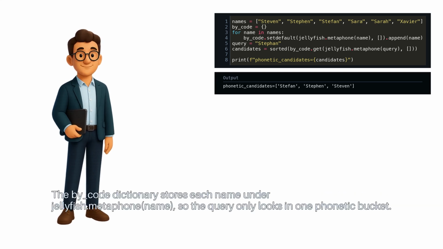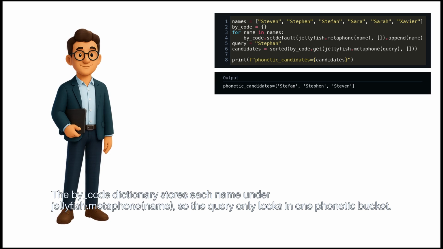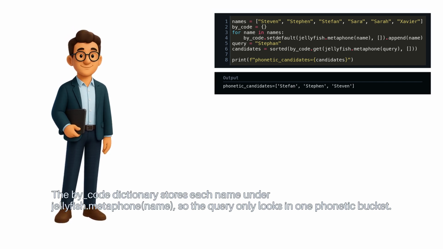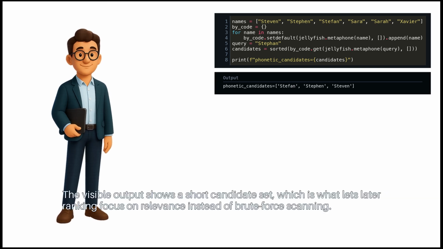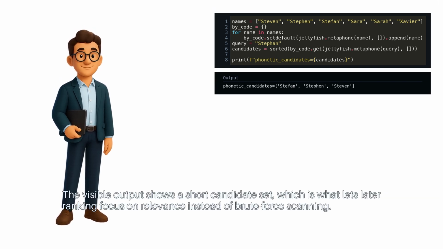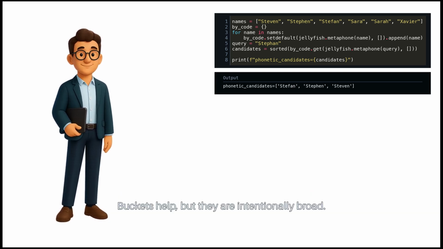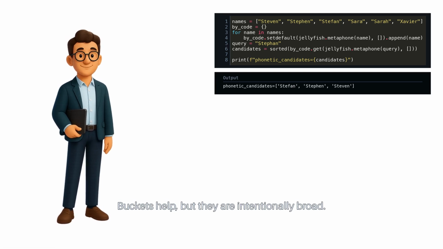The by-code dictionary stores each name under jellyfish.metaphone name, so the query only looks in one phonetic bucket. For Stefan, that bucket contains nearby pronunciations without touching Sarah, Sarah, or Xavier. The visible output shows a short candidate set, which is what lets later ranking focus on relevance instead of brute force. Buckets help, but they are intentionally broad.